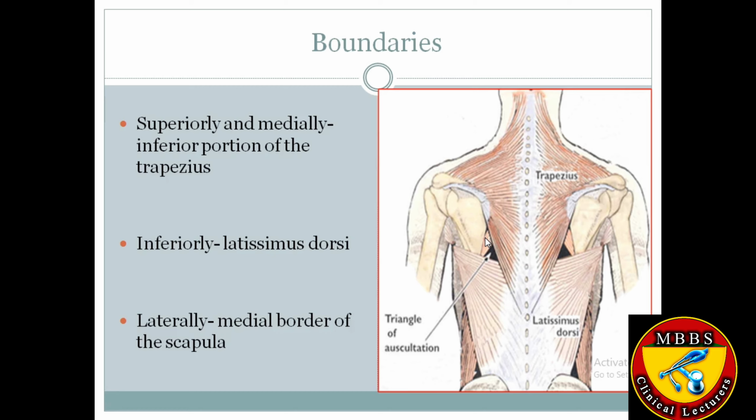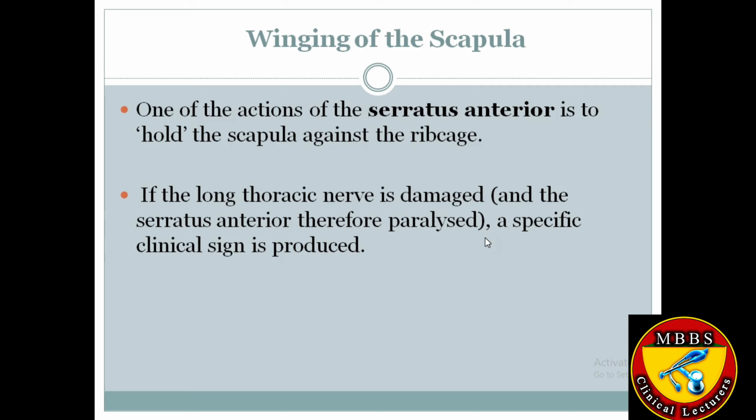The significance of the triangle of auscultation is that it is an important landmark that allows for better auscultation during pulmonary examination. Clinically, we have winging of the scapula. One of the actions of the serratus anterior is to hold the scapula against the rib cage.